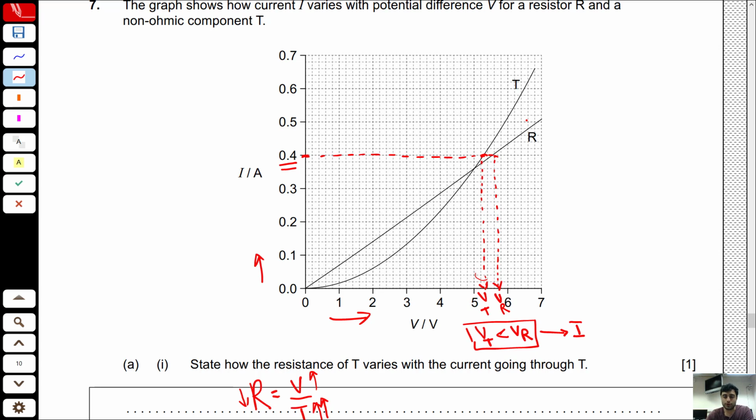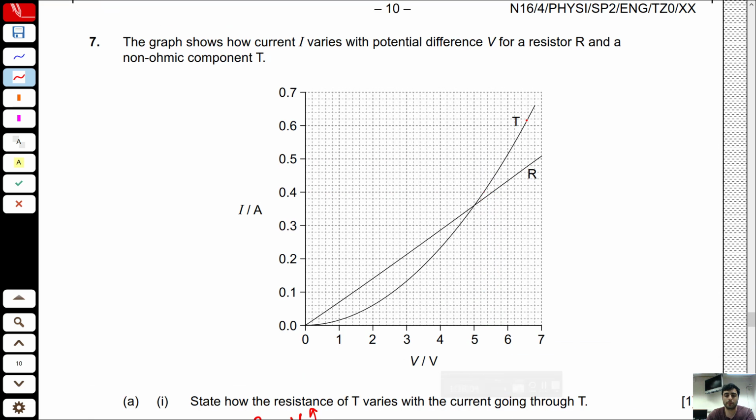That is one. Okay, so we actually have to take care of 2 points here. Let me draw a short circuit here. We have one resistor here, and we have another resistor here. So this is T, this is R. Since both of them are in parallel, they should share the same voltage.